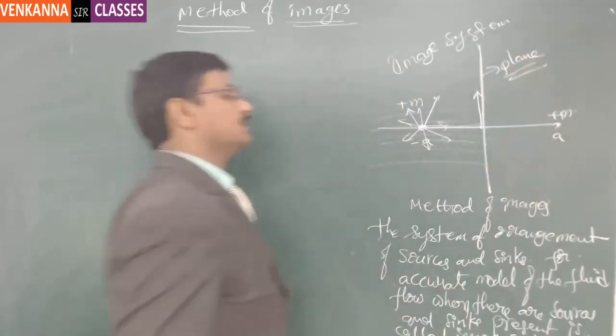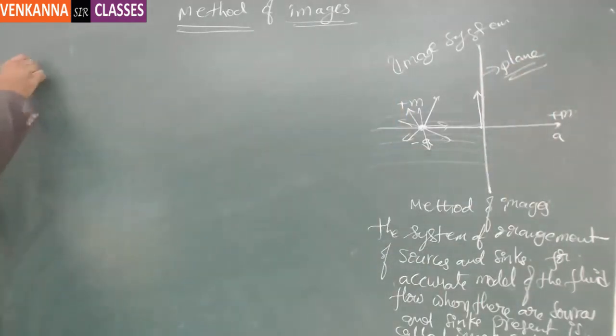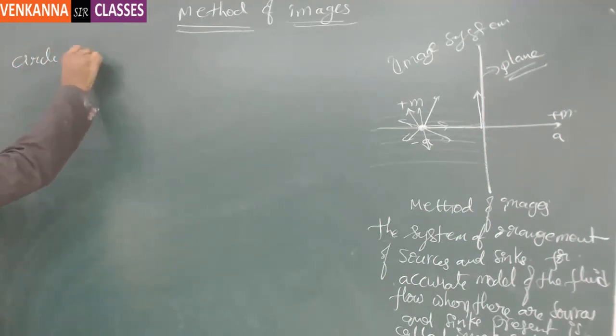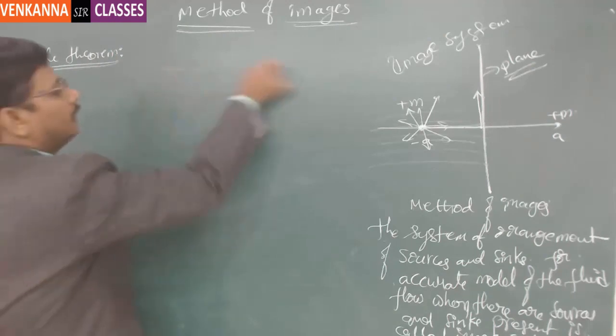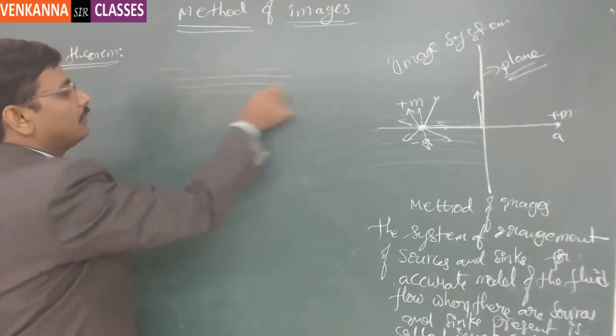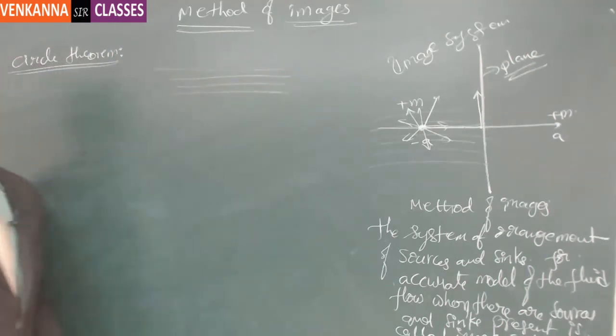And the next one is something called the circle theorem. What the circle theorem says is, suppose there is an infinite fluid like this, by infinite fluid we mean a continuous fluid flow that is happening.